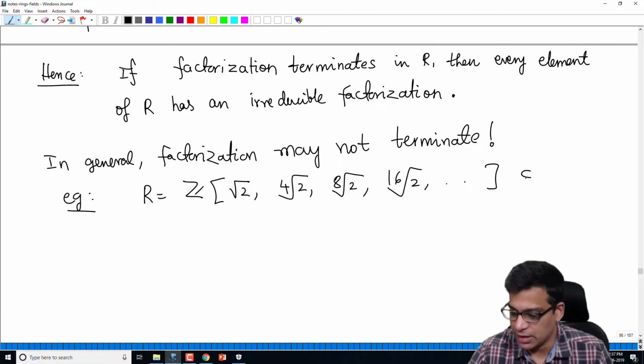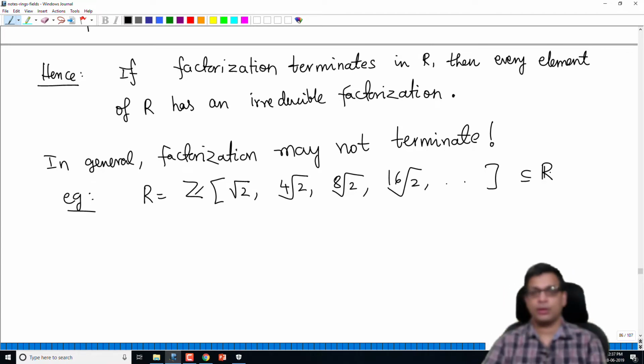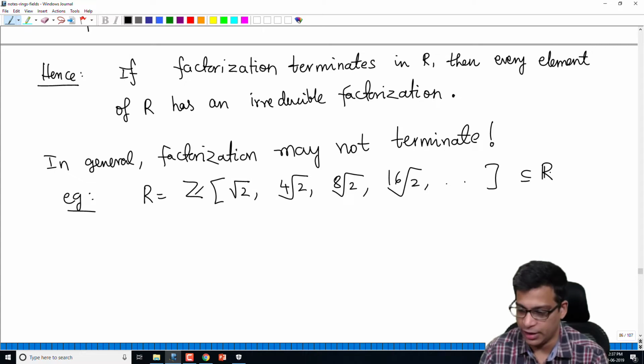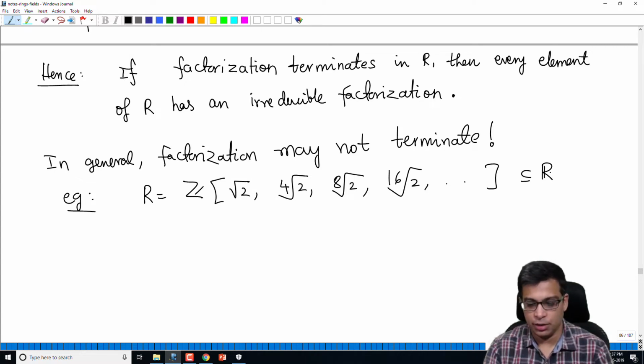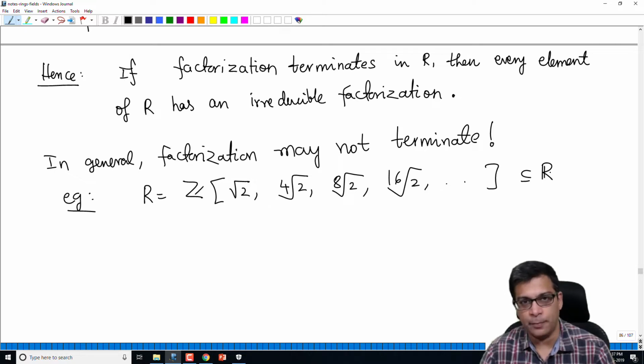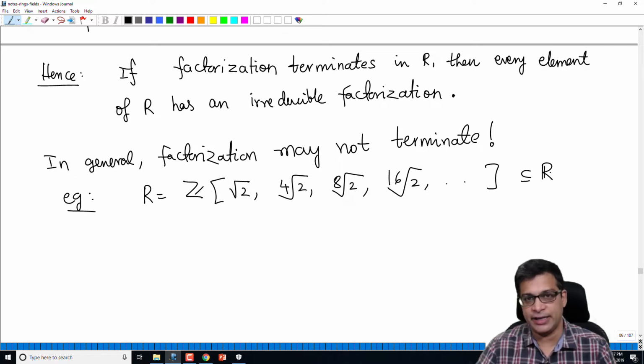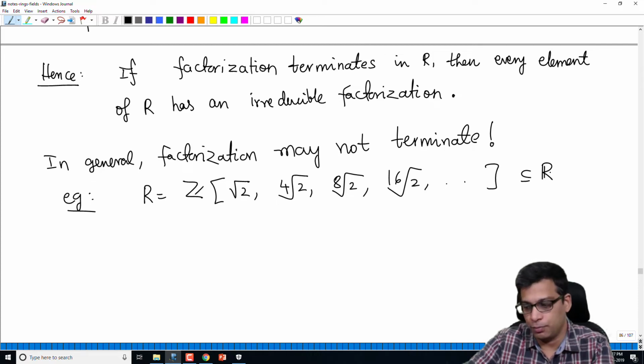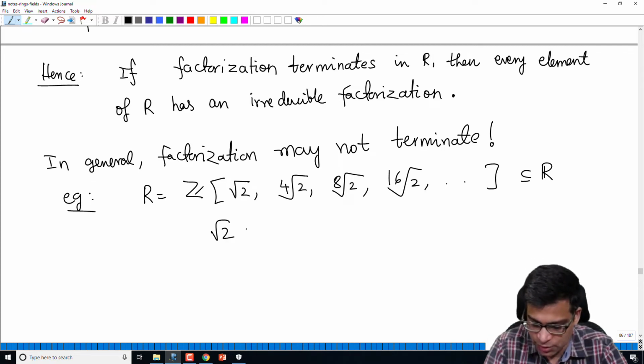This is actually a subring of the real numbers where I am adding square root of 2, 4th root of 2, 8th root of 2 and so on. So any element of this ring is a finite sum of some integer times a power of some root of 2, plus another integer times a power of another root of 2, and so on.